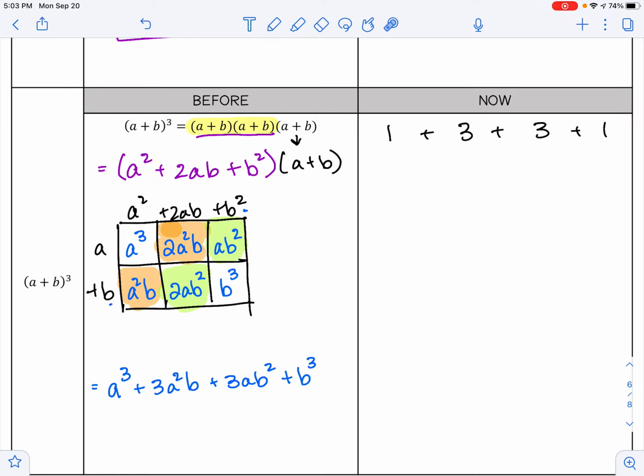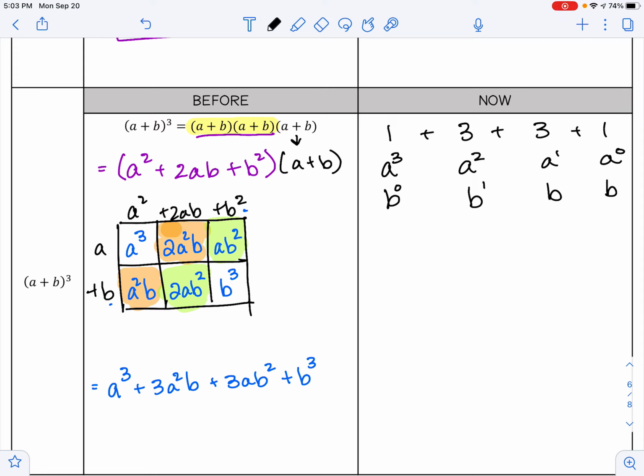So our first term is A. So my A's are going to go below each of my coefficients. In your first term, your exponents go from high to low. My highest exponent is 3, so this is going to go 3, 2, 1, 0. My second term is B, and for your second term, your exponents go from low to high.